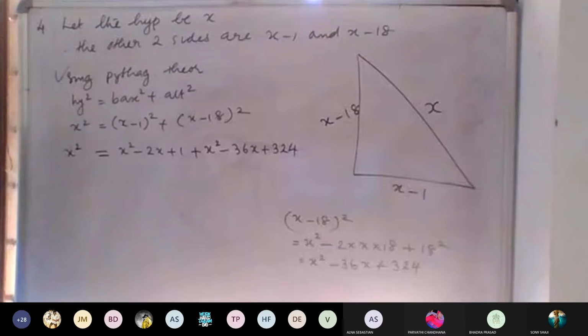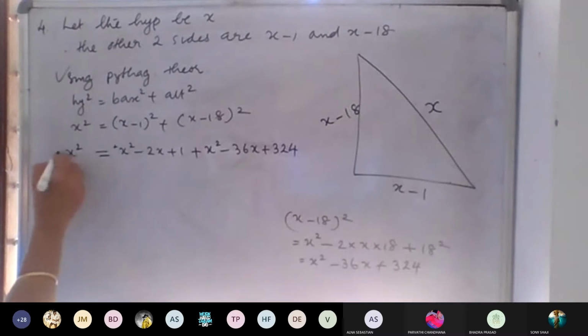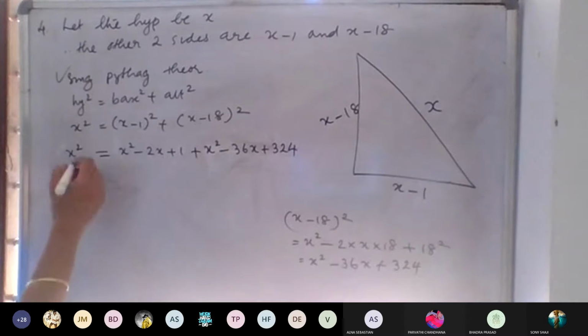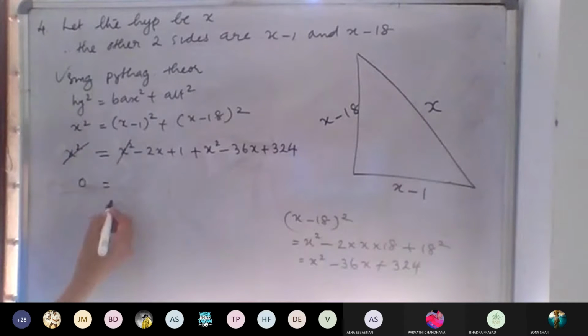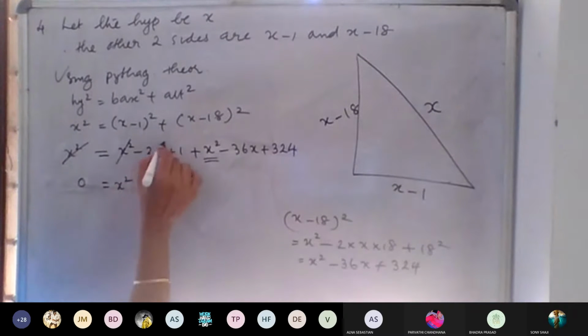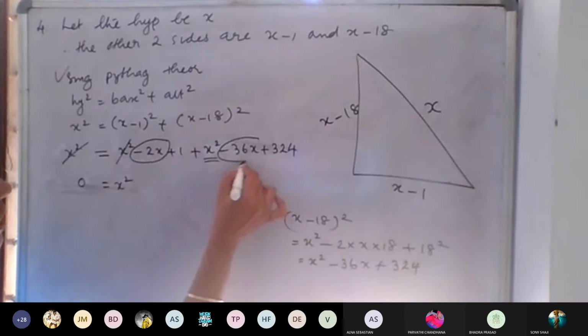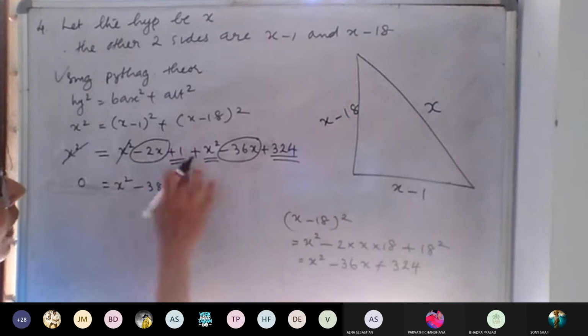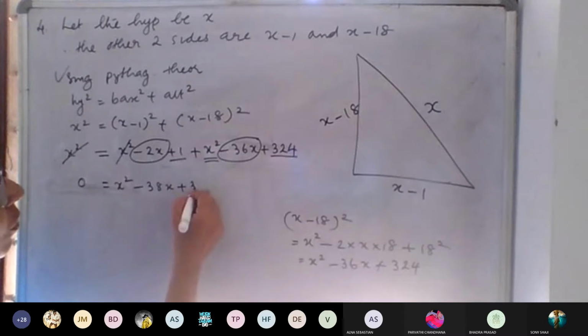Then the x square on both sides we can cancel. If we take this x square to the left side, it will become x square minus x square, which is 0. That's why we are cancelling the same positive sign; both sides the same, we can directly cancel. So 0 is equal to the remaining: x square, then minus 2x minus 36x is minus 38x, plus 324 and 1, 325.